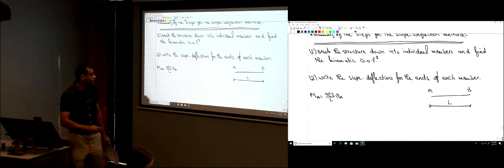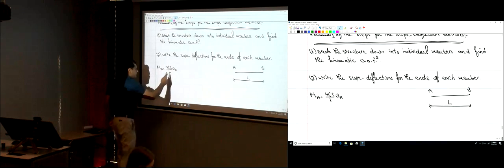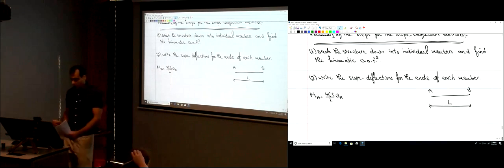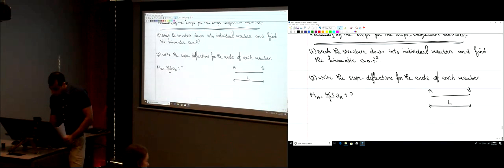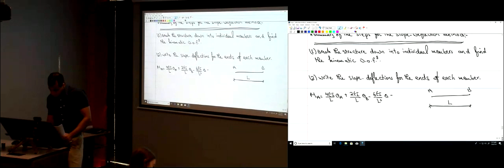So we're talking here about the moment at point A. So this is theta A, okay? Plus 2EI divided by L multiplied by theta B, the other end or the far end of the member, minus 6EI divided by L squared delta, plus fixed end moment AB.